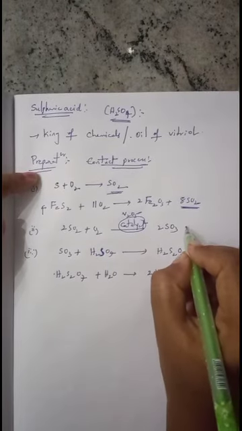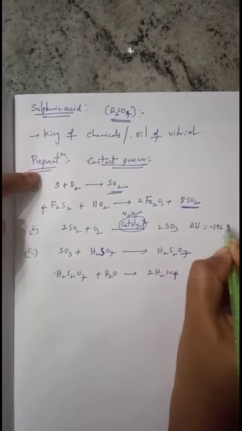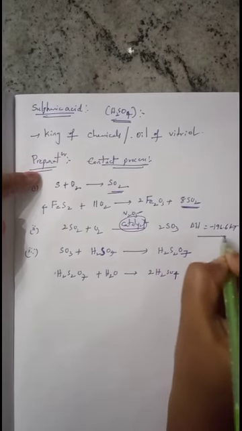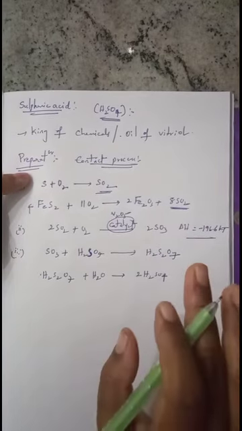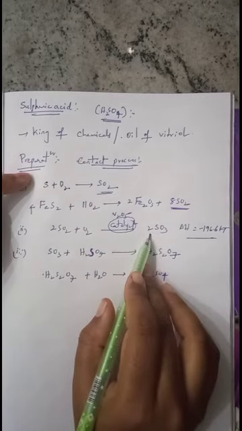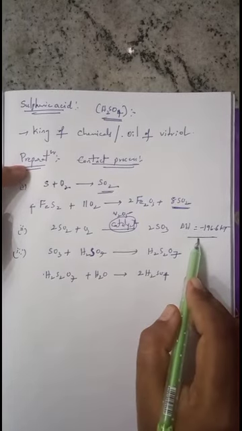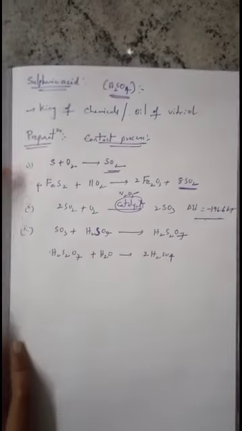It is exothermic because it releases -196.6 kilojoules per mole of energy. Whenever a reaction releases energy, it is said to be an exothermic reaction. So the SO2 to SO3 conversion is an exothermic reaction. That is about the important preparation of sulfuric acid.